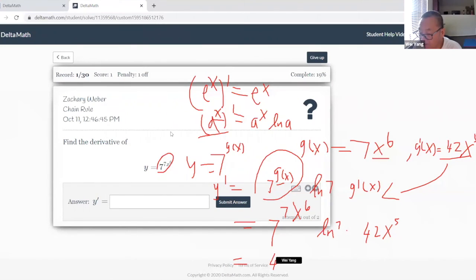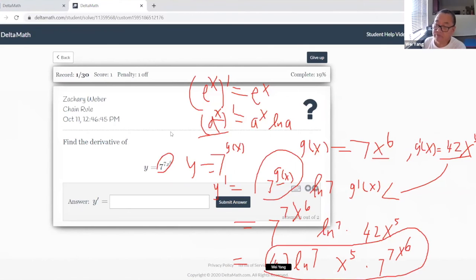You got a 42 times log 7, then times x power 5, then times 7 power 7x power 6. This one is the answer. Do you have any question about this?